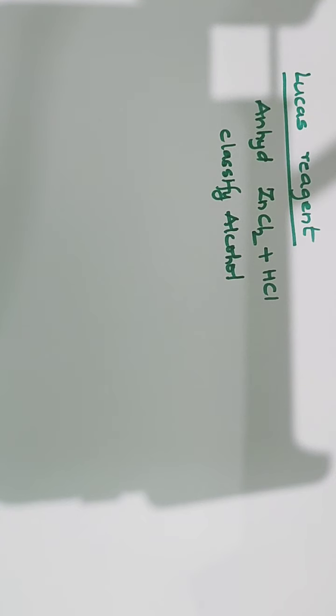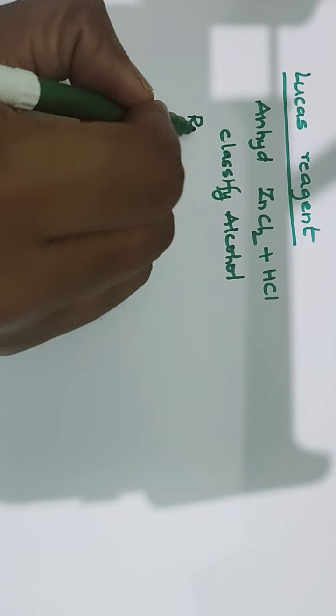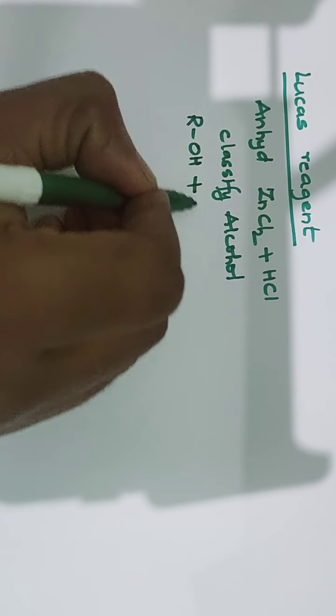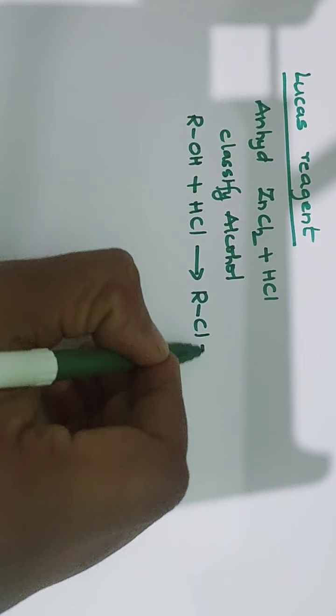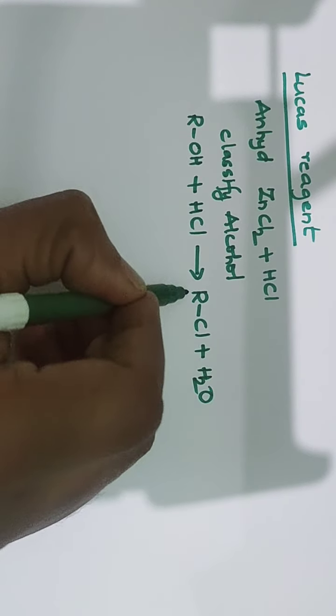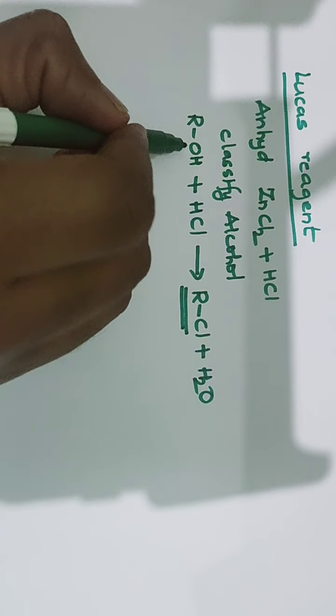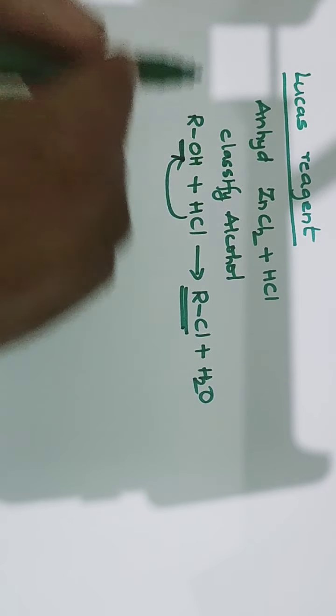The Lucas test is based on difference in reactivity of three classes of alcohol with hydrogen halides. Generally, alcohols when treated with HCl form RCl. You get an alkyl halide, that is, the OH group gets replaced by Cl.